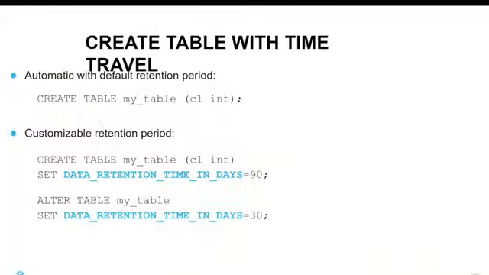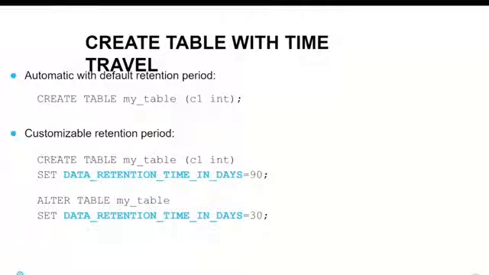But if you want to customize this retention period based on your own use case, you can apply it to a particular table. So let's say you want to create a table, my table, with a retention of 90 days. You just need to run the same command, create table, my table, with the column name, and you set the data retention time in days parameter to 90, right?